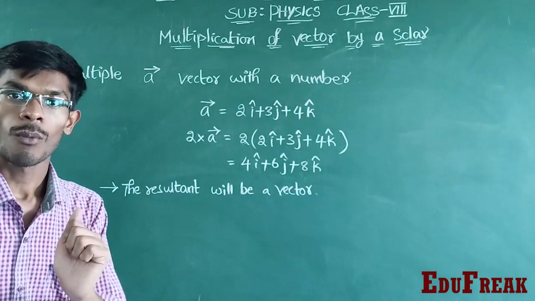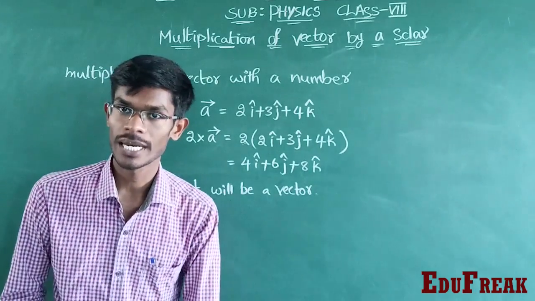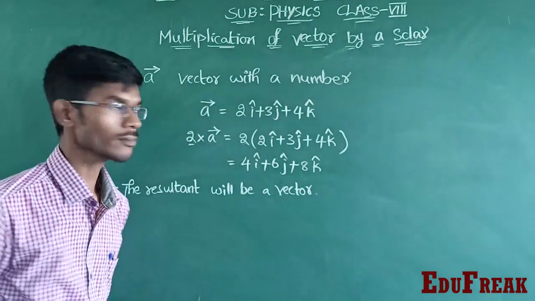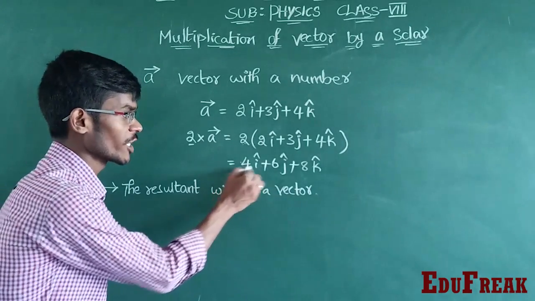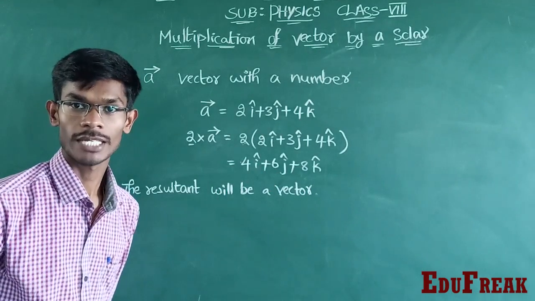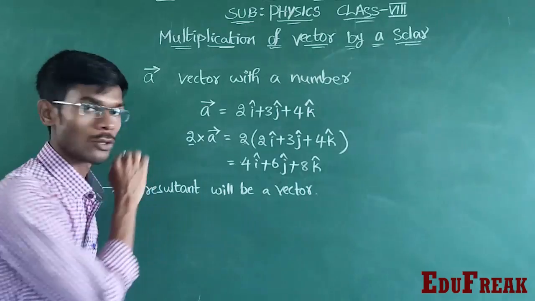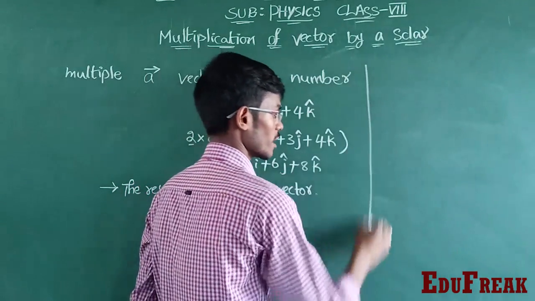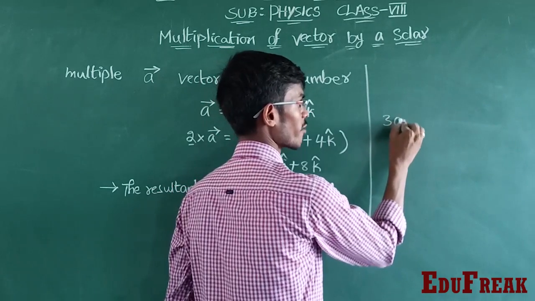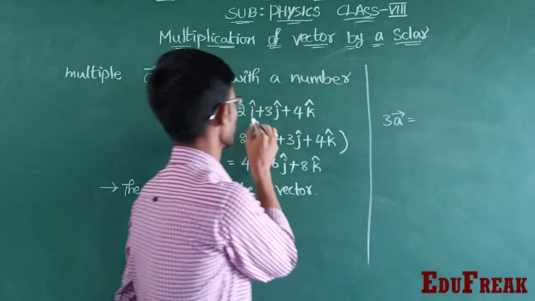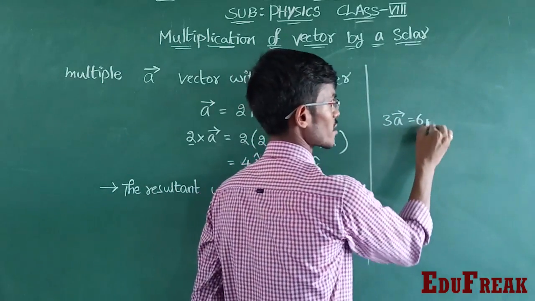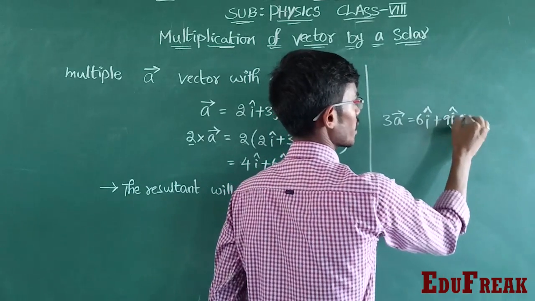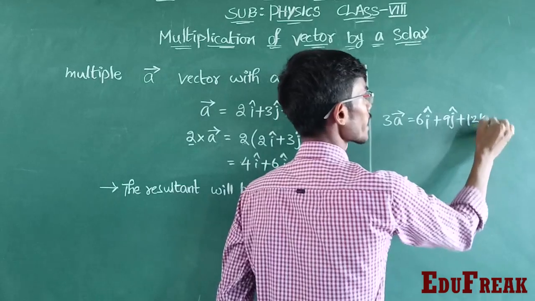Okay. Then what about the magnitude and direction? If you are multiplying with 2, what is happening here? The magnitude is becoming double. Suppose I multiply the same A bar vector with 3, then what will happen? 3 2s are 6, 6i cap, 3 3s are 9, 9j cap, 3 4s are 12, 12k cap.